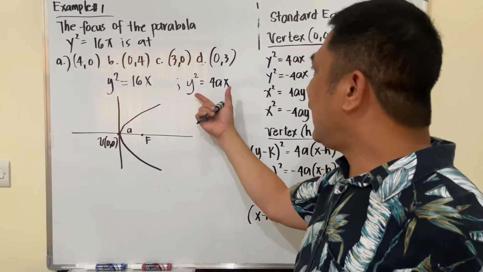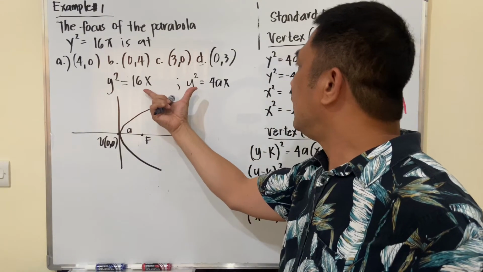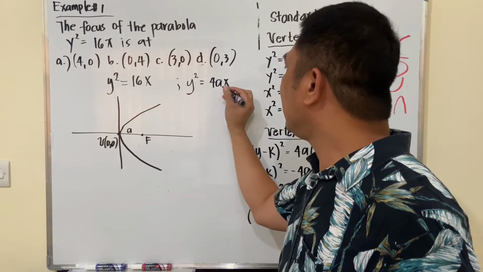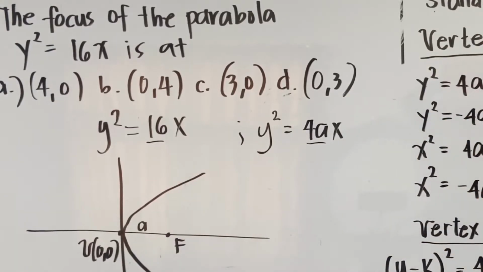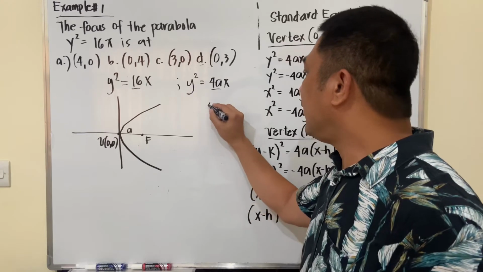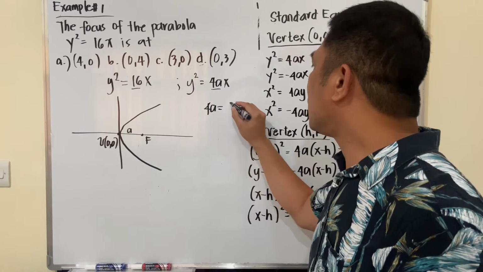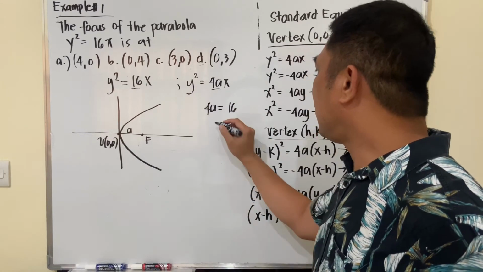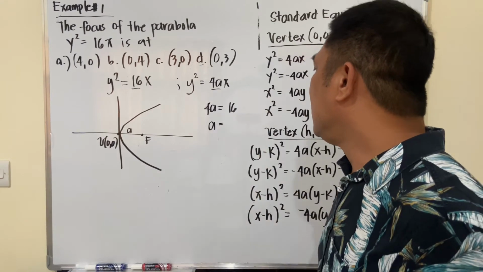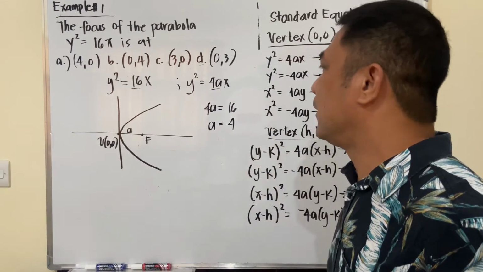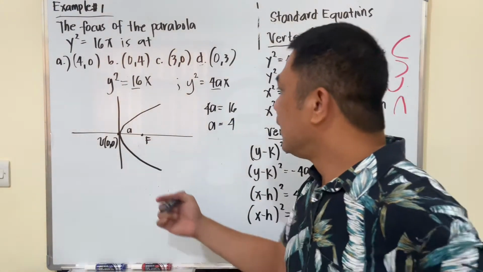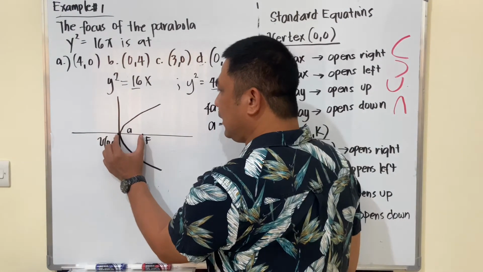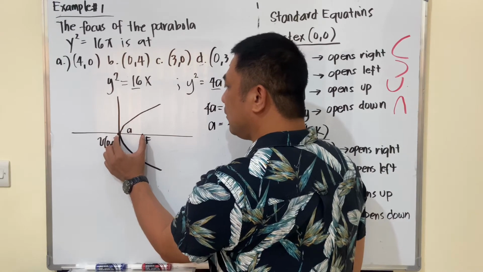Which means that 4a here is equivalent to 16. So you have to equate those two. 4a is equal to 16, therefore your a value is equal to 4. So the distance between your vertex and your focus is equal to 4.